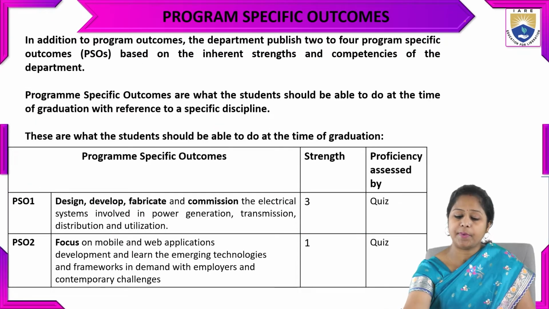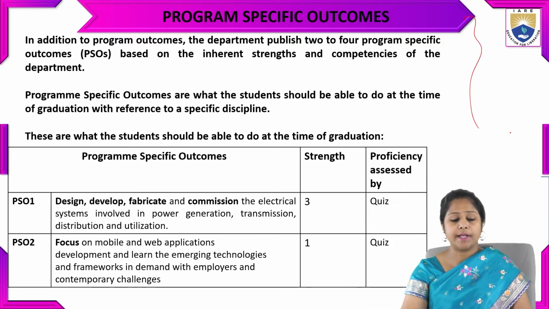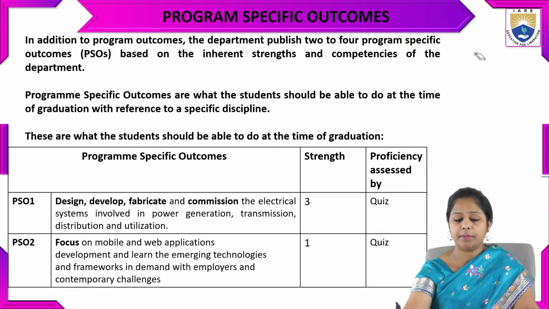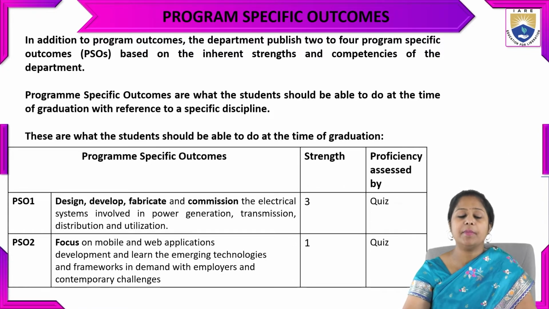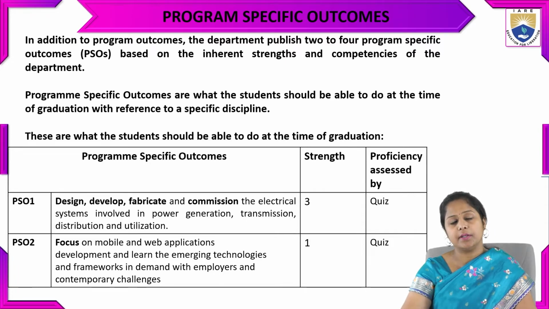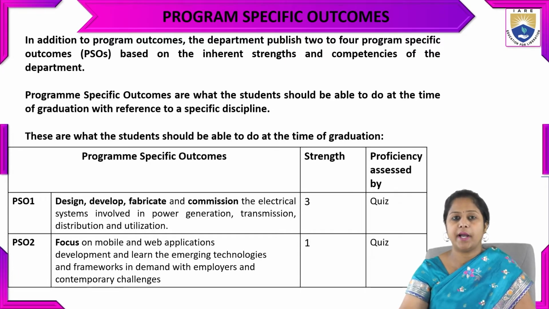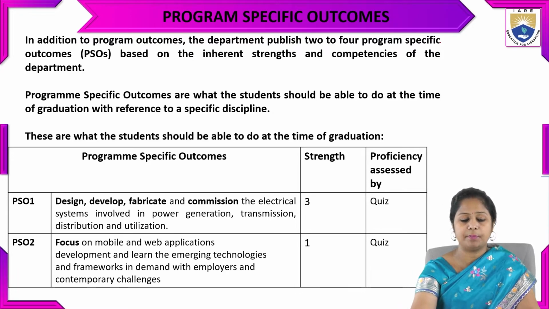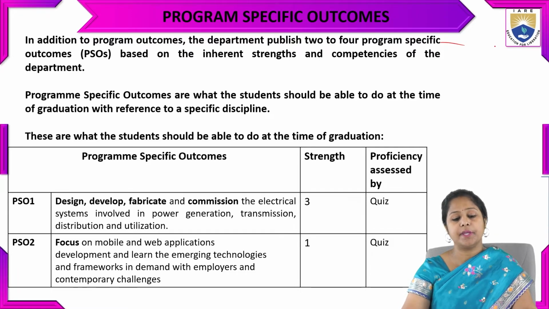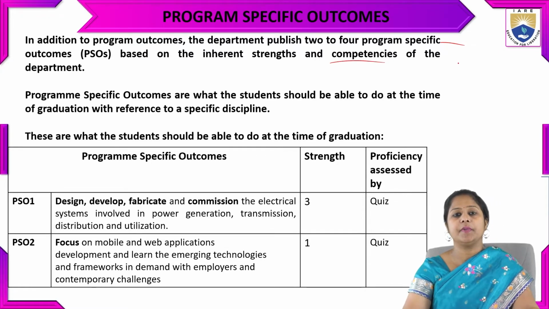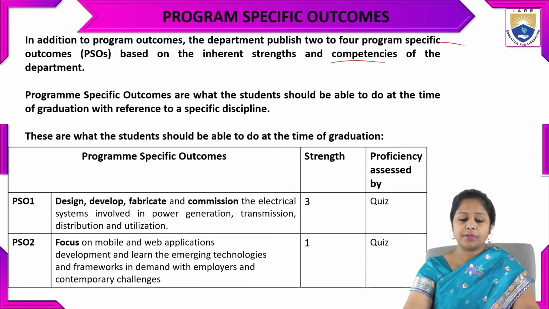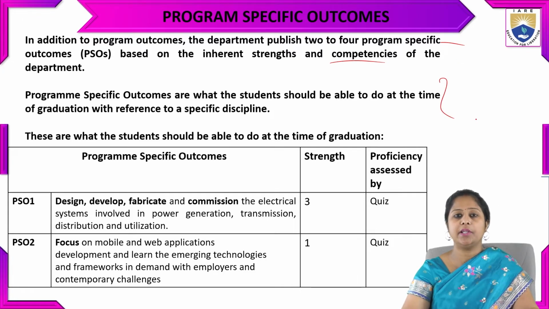What are the program specific outcomes? In addition to program outcomes, the department publishes 2 to 4 program specific outcomes. At the level of the department, they have program specific outcomes based on the inherent strength and the competencies of the department. The PSOs are what the students should be able to do at the time of graduation with reference to a specific discipline.